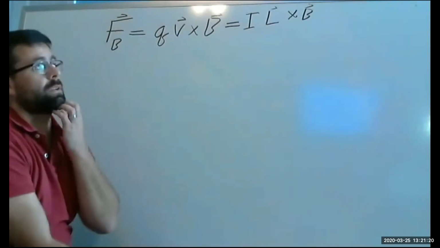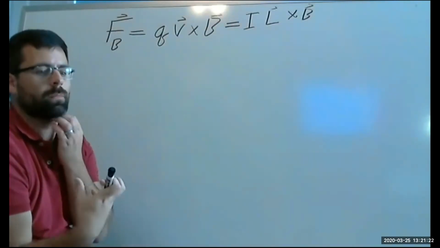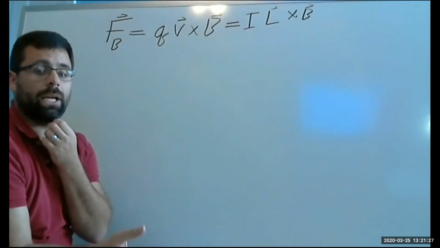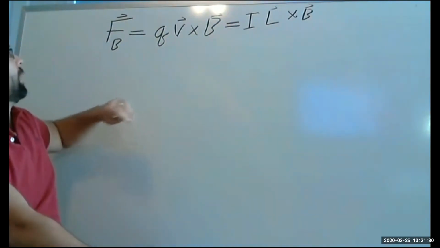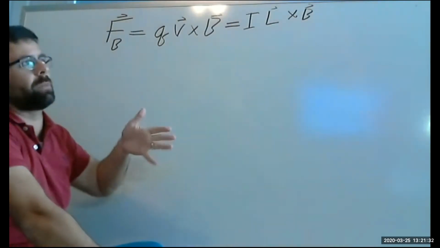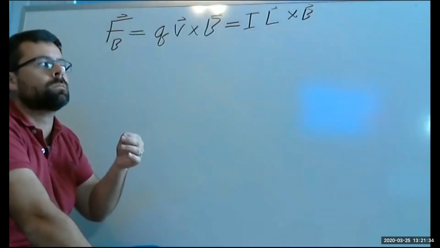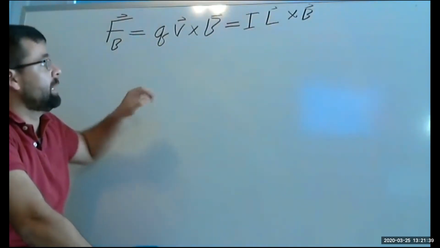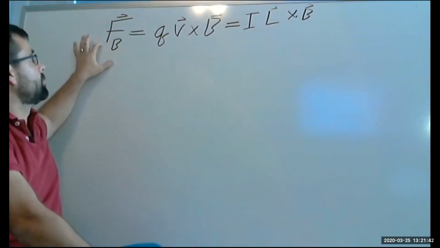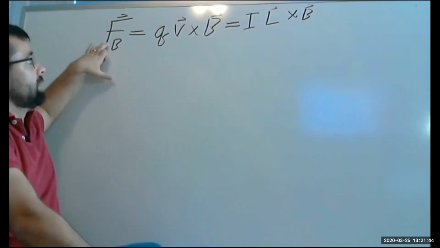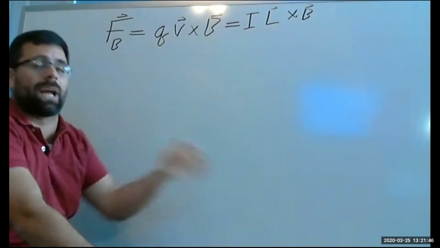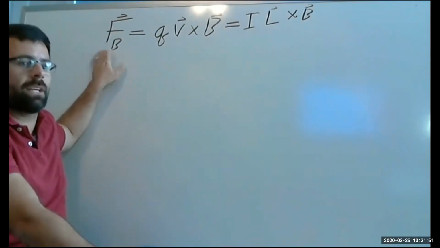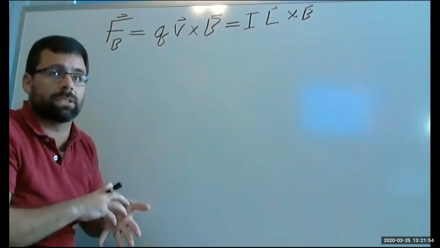So you can get this information from the equations. But this is something I maybe didn't play up as much as I should have: if the force exists, that means it's interacting with the magnetic field. If it experiences a force from the magnetic field, that means that they are interacting.